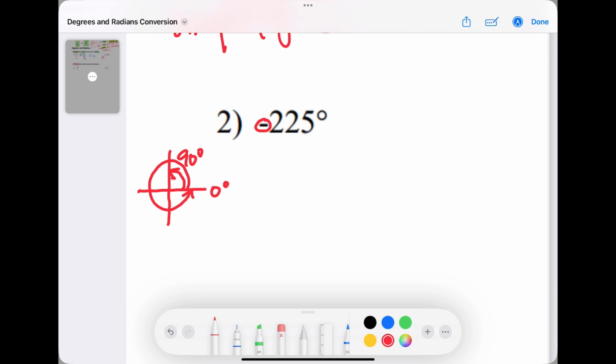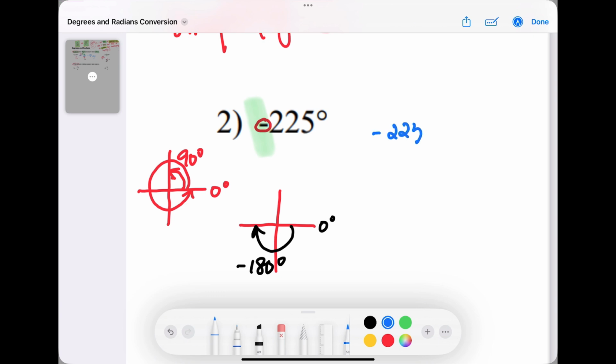If I go this direction, that will be a positive angle, up to 360, as you see. What happens when I see a negative symbol? The negative symbol just tells me my angle is going the opposite way. What do you mean, the opposite? Starting from 0 degrees, I'm going clockwise. So this is what tells me I'm going this direction. So I have a negative 180 degrees, okay?